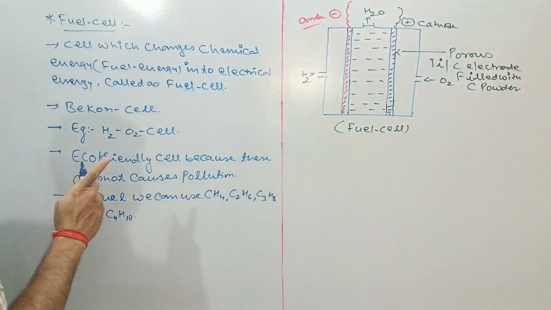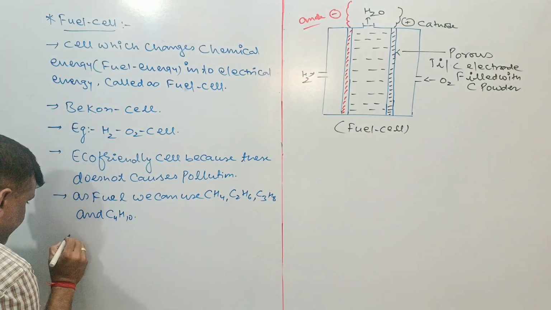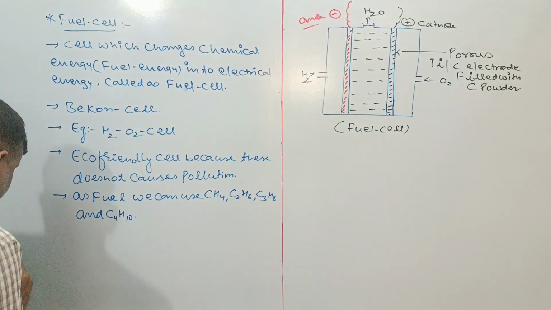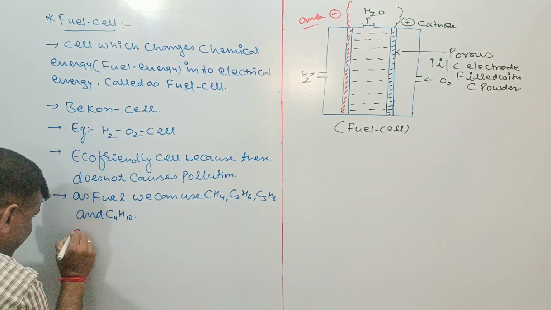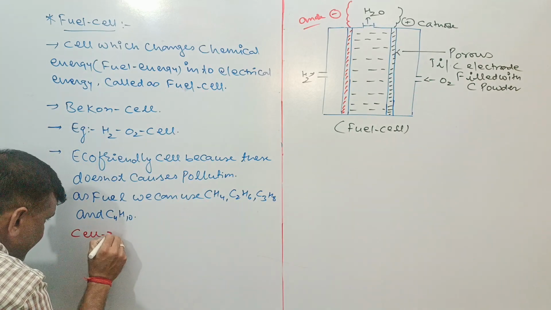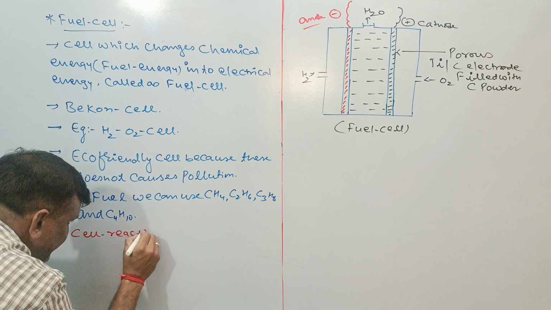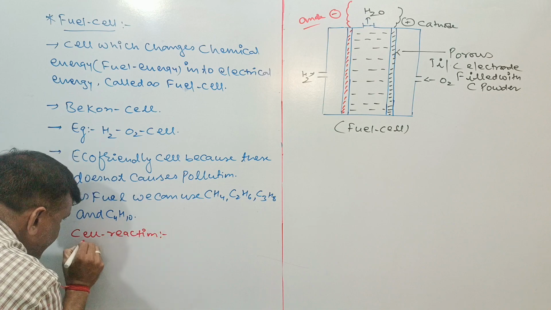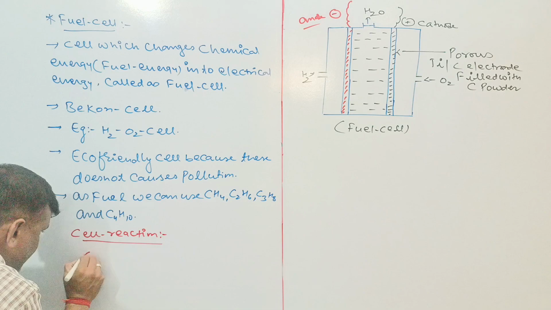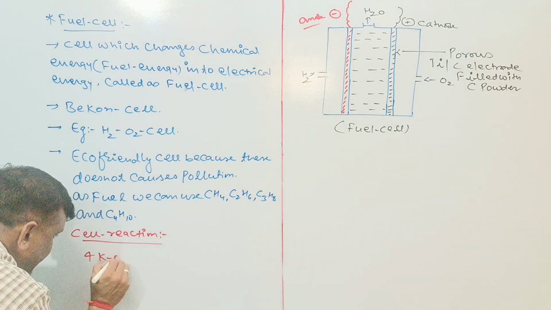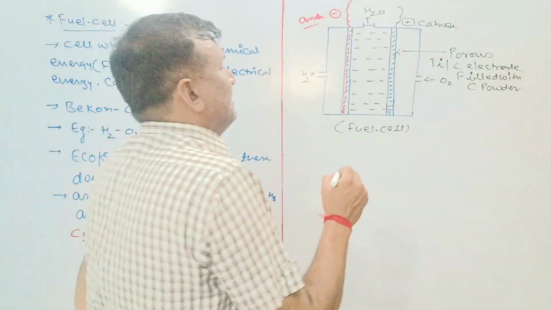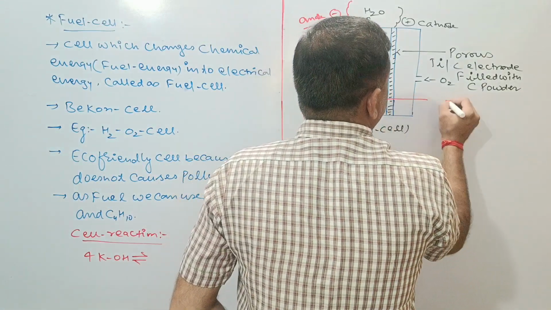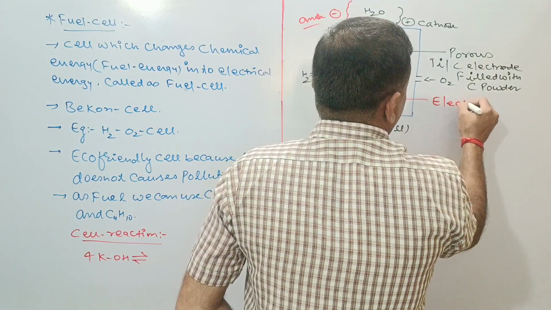Now I would like to go with the reactions. There are two electrodes, one the cathode and the other the anode. So these are the cell reactions. As an electrolyte, here I will use 4 KOH. We can use either electrolyte, acid or base.